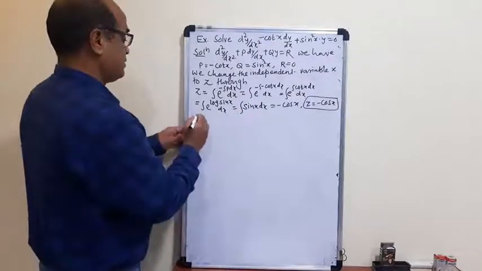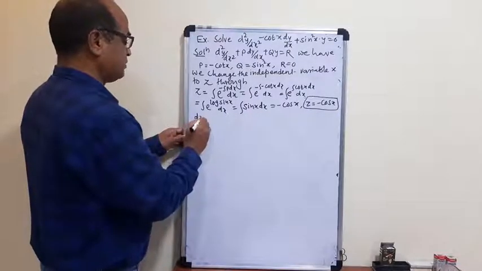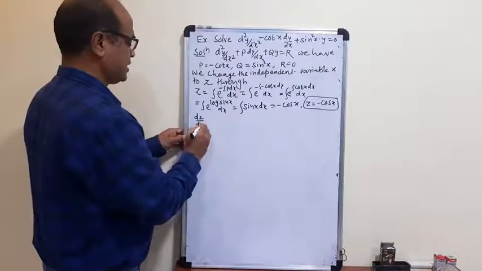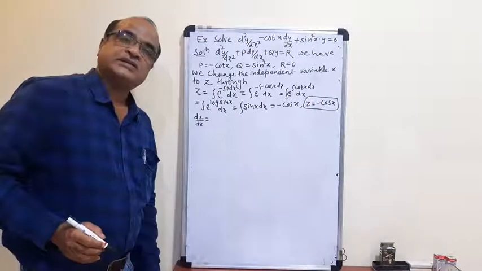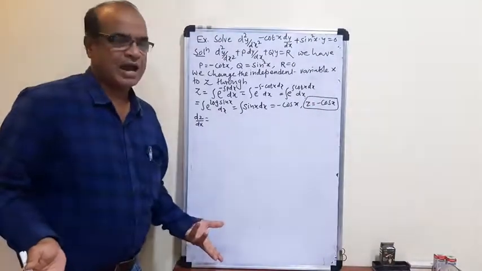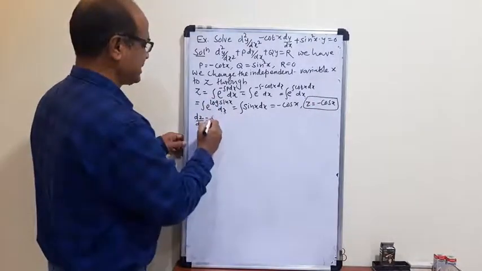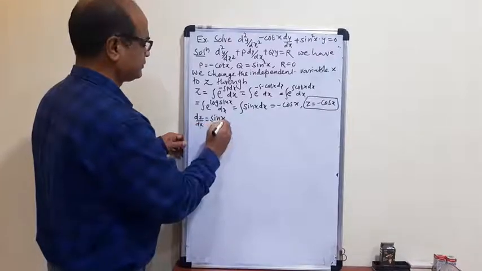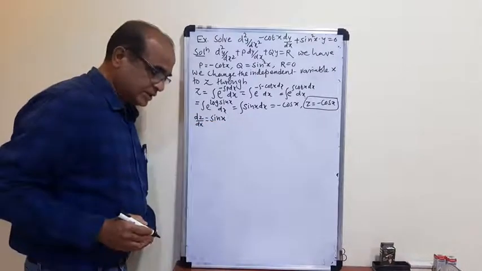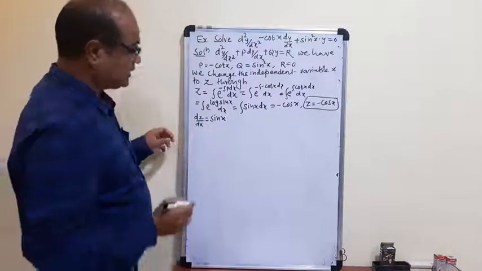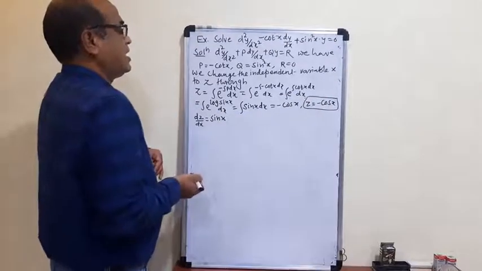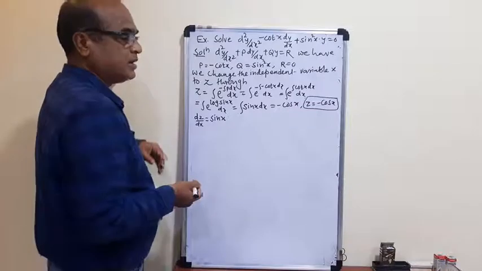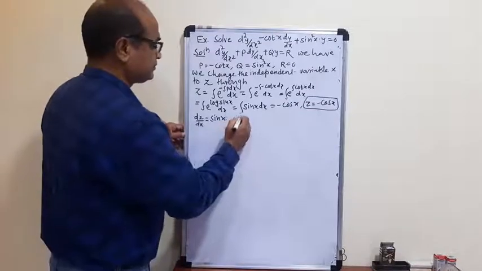So then what is dz by dx? The derivative of this, dz by dx. The derivative of minus cos x with respect to x is minus minus plus, so this is sin x. So what happened here? With this substitution, put z is equal to minus cos x in this equation.